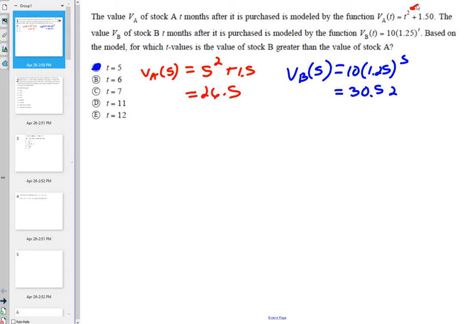Let's see the next one. It might be bigger for all of them. Let's see. 6 squared plus 1.5 is 37.5. 1.25 to the 6th times 10. I'm getting 38.1.